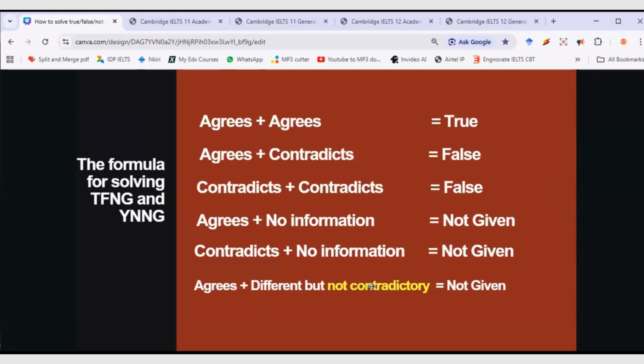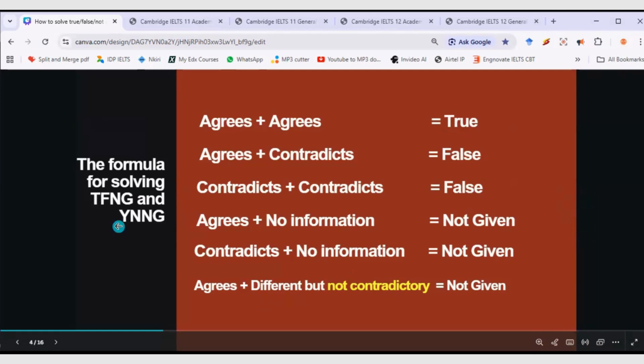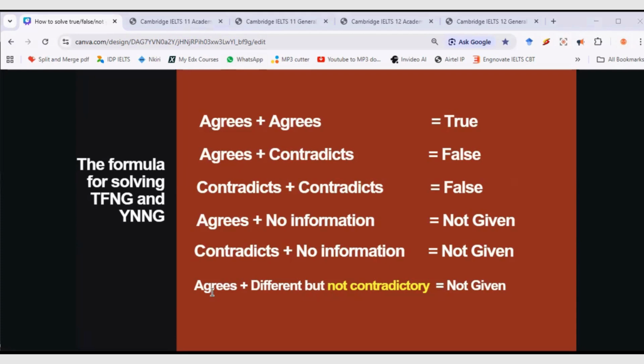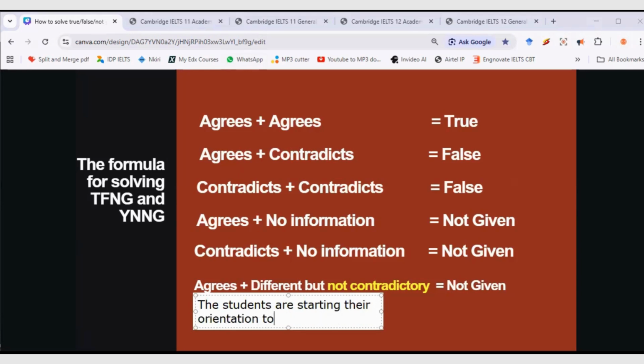Let me type something here on the screen so that you will see what I'm saying. I'm going to type two statements here on the screen. If I say that the students are starting their orientation tomorrow.